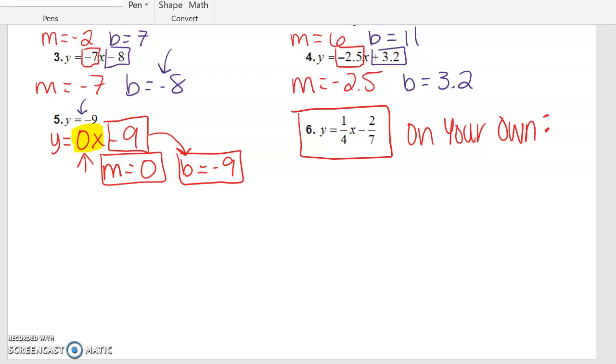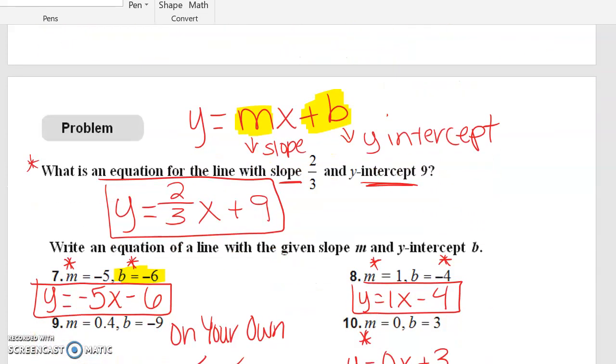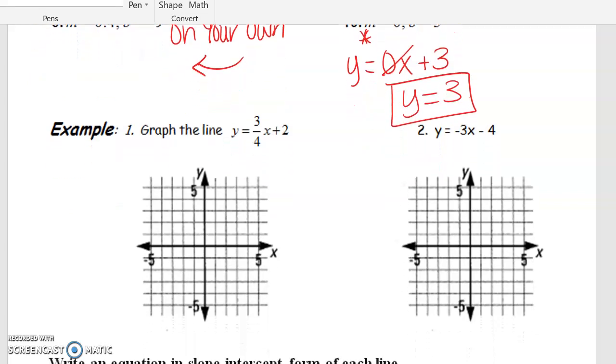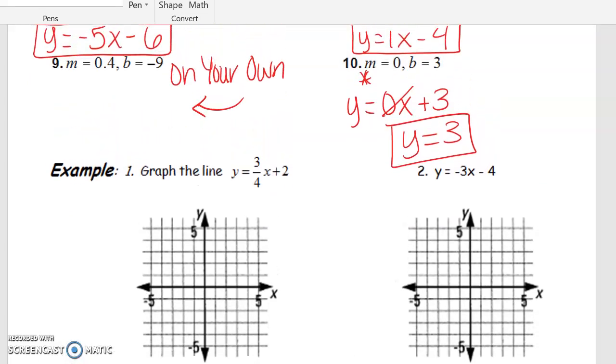So my equation, just like number 5 up here, is actually just going to be y equals 3. Whenever you have a slope of 0, we don't technically have to write it, it just cancels out, and our equation ends up just being y equals 3. So now we've worked with identifying values and writing the equation.